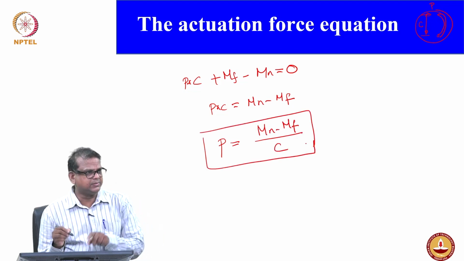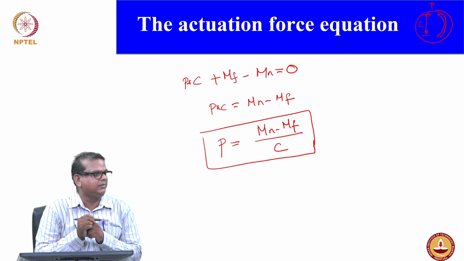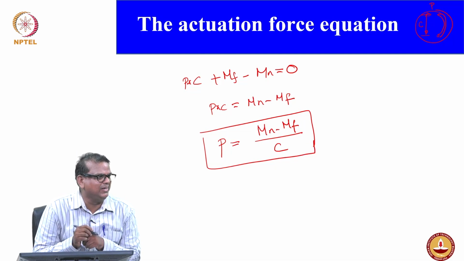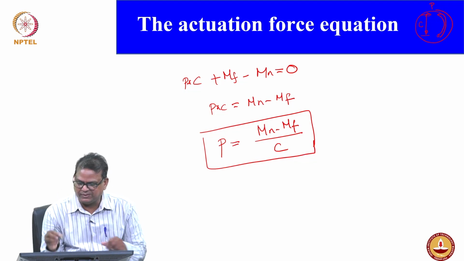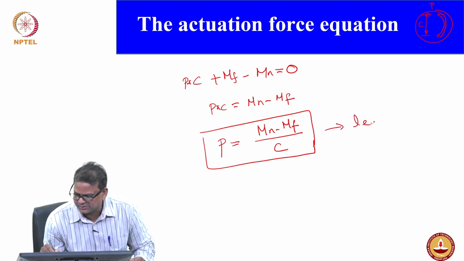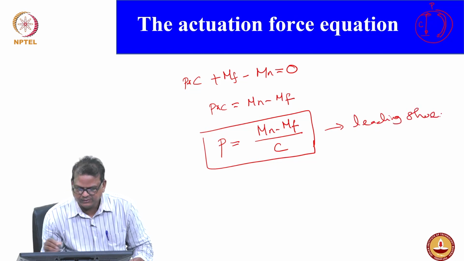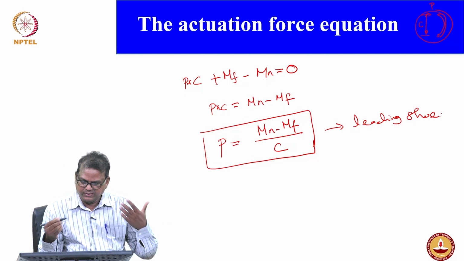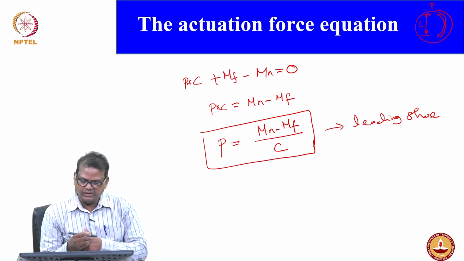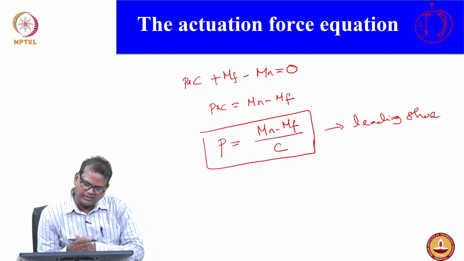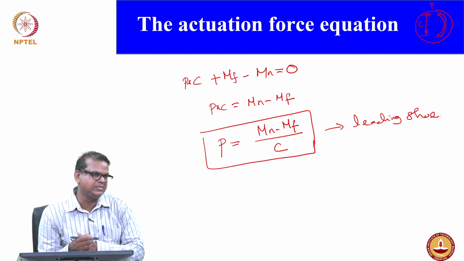This equation is for the leading shoe. What we have done is for a leading shoe, where the braking effort will be very small. For the trailing shoe, what do you expect the brake activation force to be, more or less?